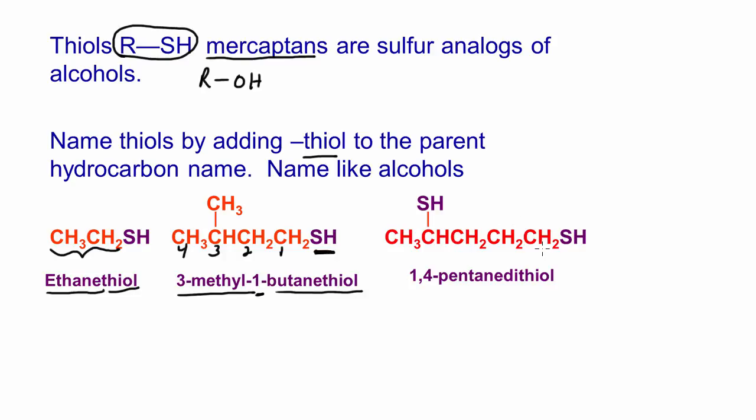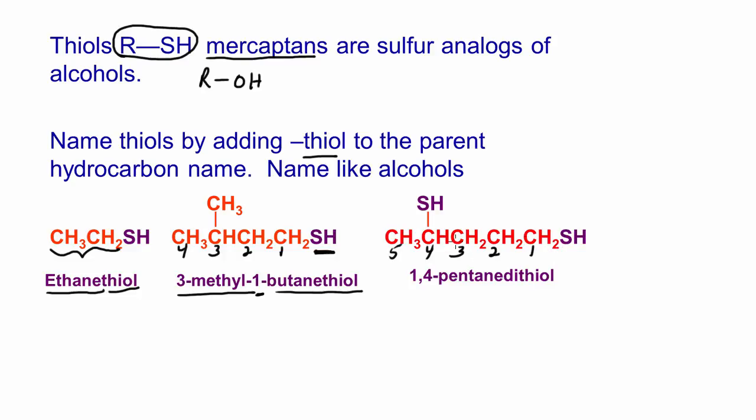Here we have 2 thiol groups, so we want to name this just like we do the dialcohols, where the thiol groups have the lowest possible number. So in this case here, numbering 1, 2, 3, 4, and 5, we have a thiol group on carbon 1 and one on carbon 4.